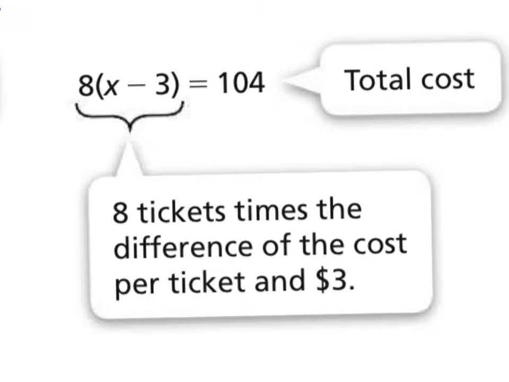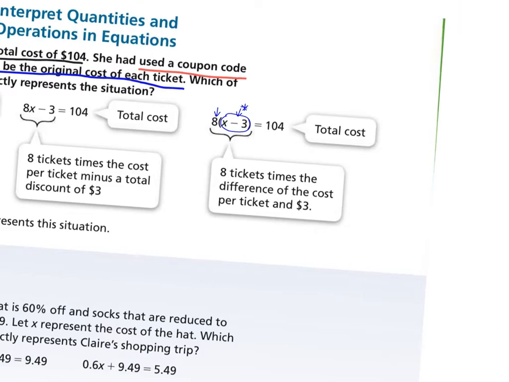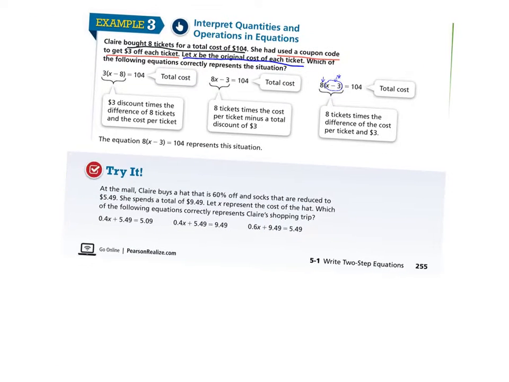The last option they give us, X minus 3, that's $3 off for a ticket, and then times 8. So X minus 3 is the cost we're paying for one ticket. We take that times 8, and that gives us a total cost of $104. So that is the correct equation for what's happening on that problem.